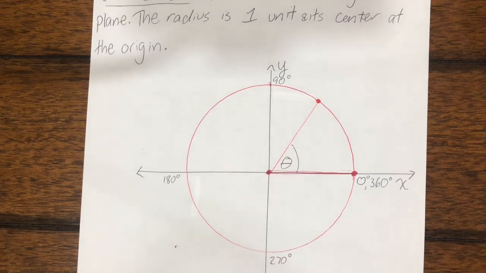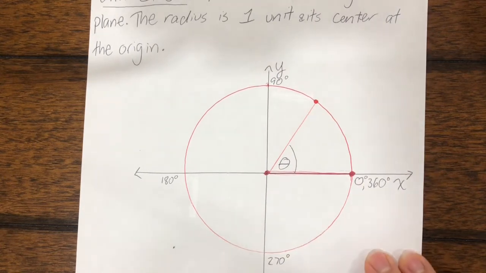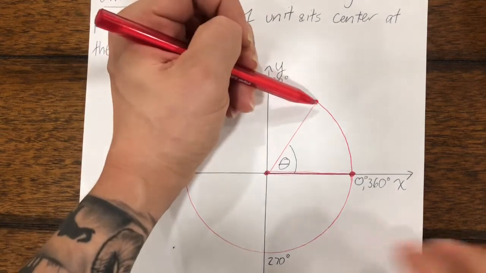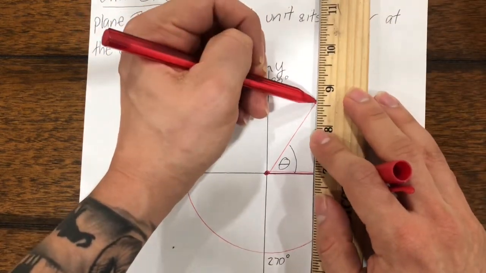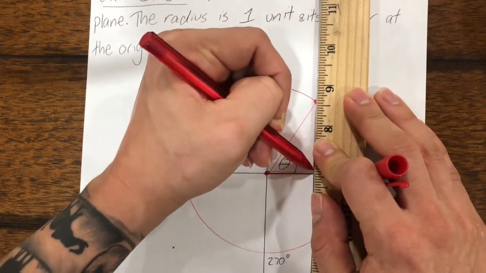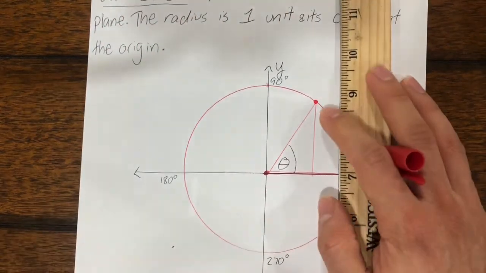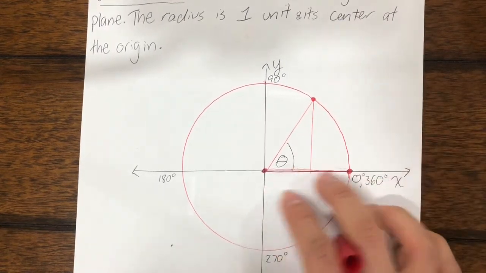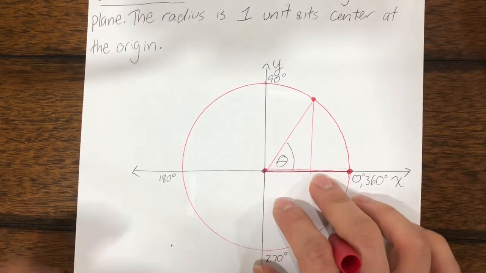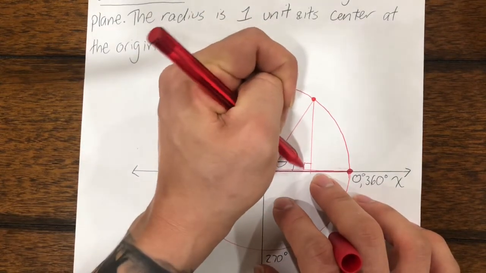Now we have our angle measurement, and I'm going to create a right triangle by drawing a line going down from this point. When we draw the line down, this line is perpendicular to the initial side of the angle, which creates a right angle.